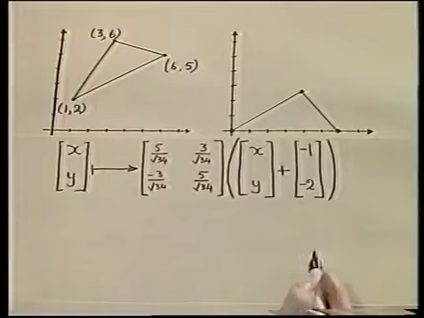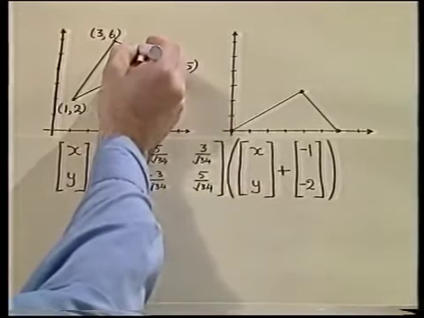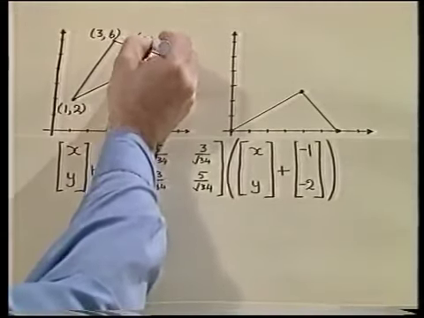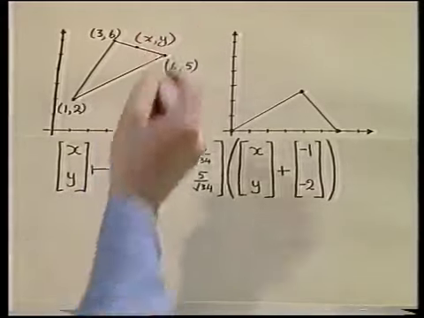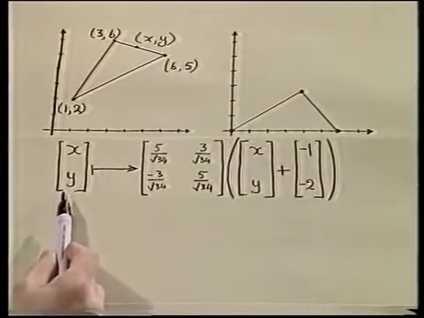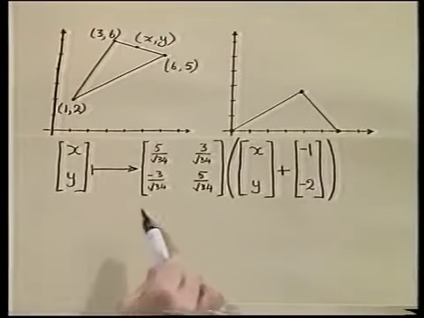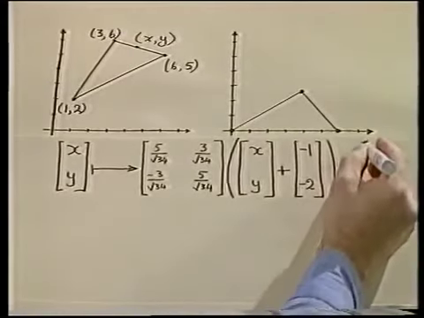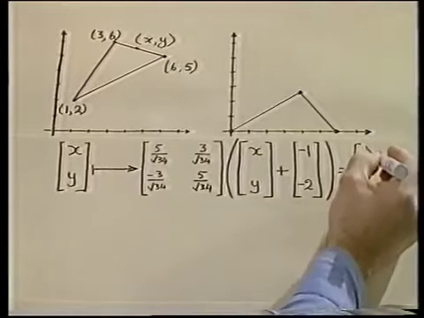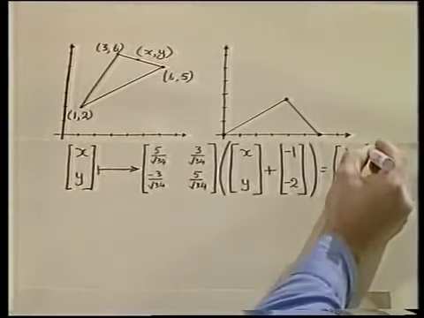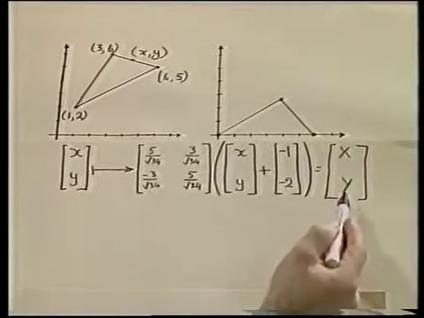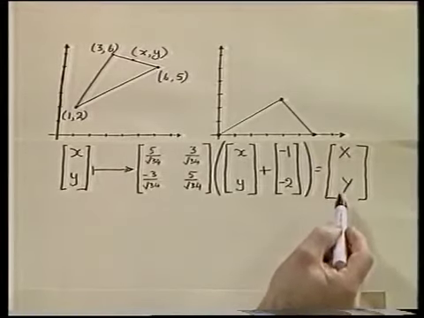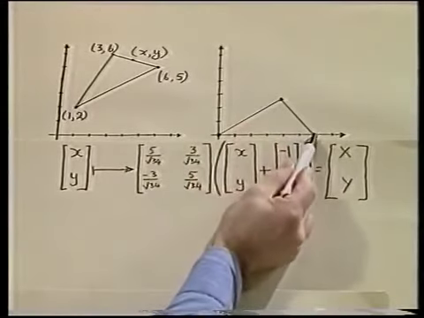So what I'll do is take a point on this line with coordinates x, y, represent it by a column matrix, carry out this matrix calculation to get a new column matrix, which I'll call capital X, capital Y, and show that these are the coordinates of a point on this line.